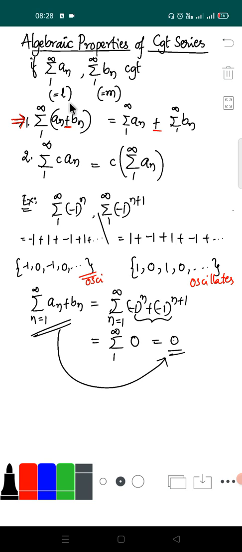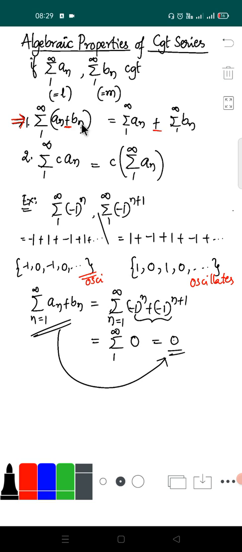So what we are saying here is, if each individual sequence is convergent, then the resultant sequence an plus bn is also convergent, and its sum will be the summation of the individual limits, but it is not the other way around.